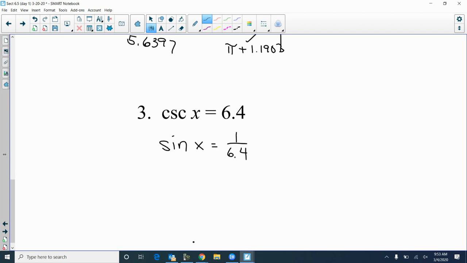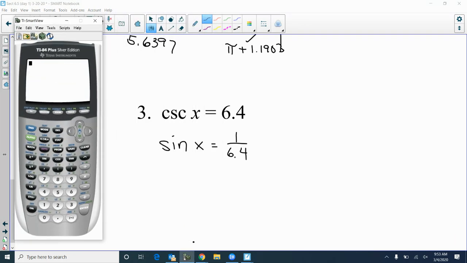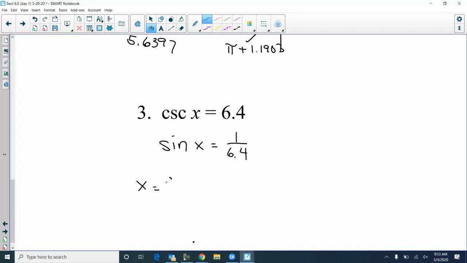Then you do inverse sine. Okay, so now once you get it here, we want to know what angle has a sine of that. So you do second sine of 1 divided by 6.4. Okay, and so that's 0.1569.